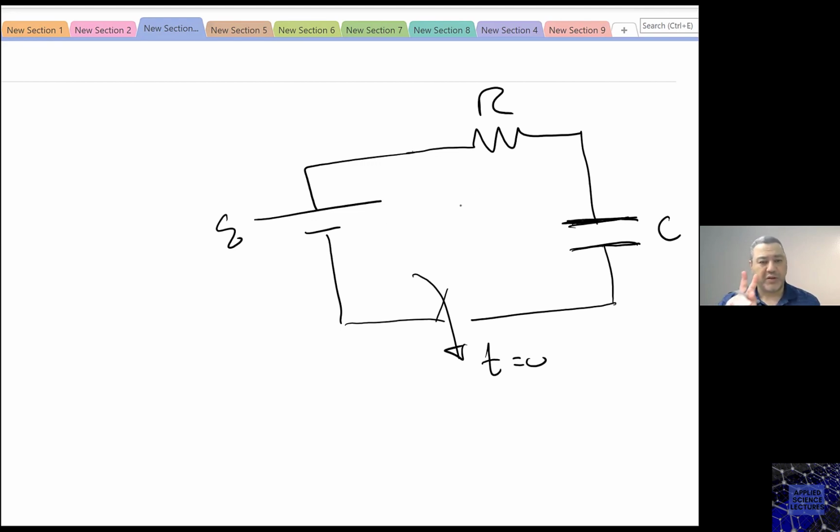So we'll be looking now at those two moments: once I close it, and once it has been closed for a long time. Now this capacitor has zero charges in it when the switch was open. Right at t equals zero, this is switch closed now.